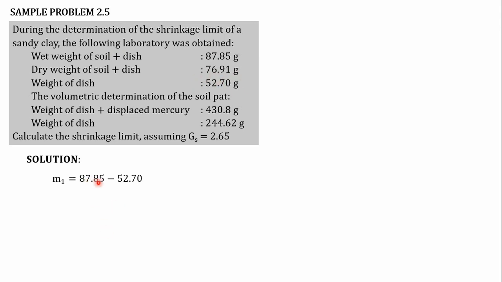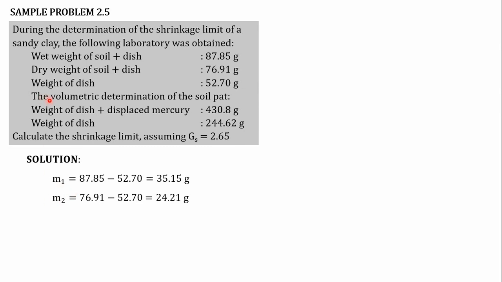So, 87.85 minus 52.7 is equal to 35.15 grams. And then, yung mass ng oven-dried soil natin, class, M2, is equal to 76.91 minus 52.7. That is the dry weight of the soil, class. And that will be equal to 24.21 grams. Okay, so may M1 na tayo at M2.